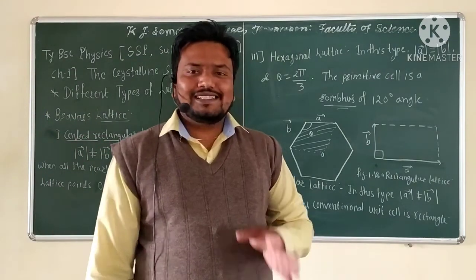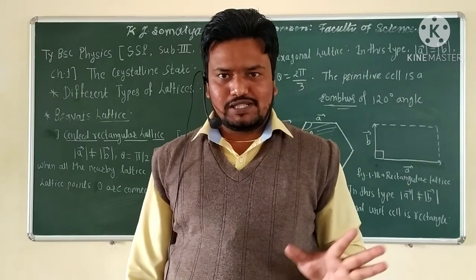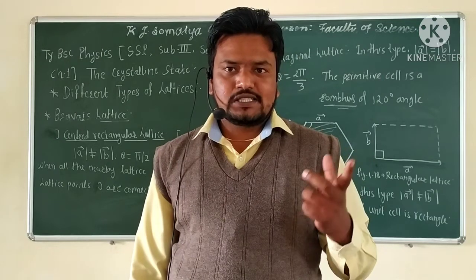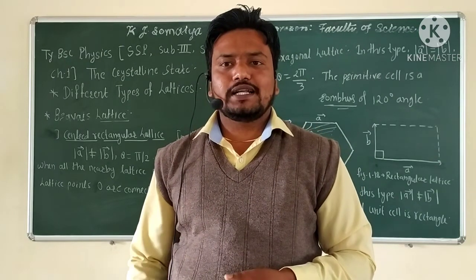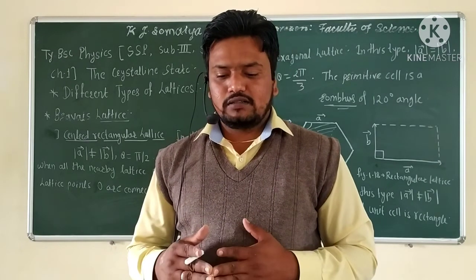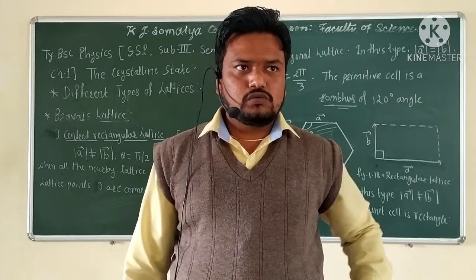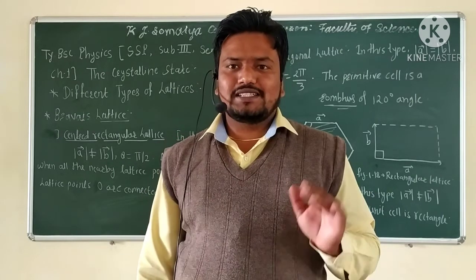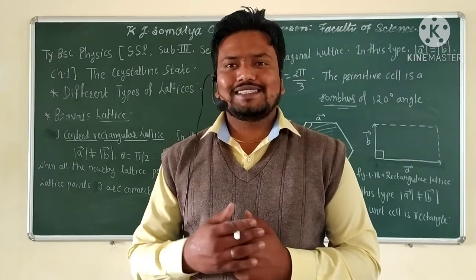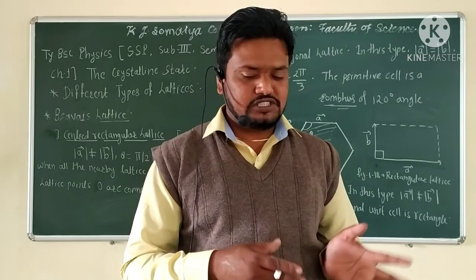So these are the 5 different types of two-dimensional Bravais lattice: oblique lattice, square lattice, hexagonal lattice, rectangular lattice, and centered rectangular lattice. And we have seen the condition for vector a bar and b bar, and the angle between them.